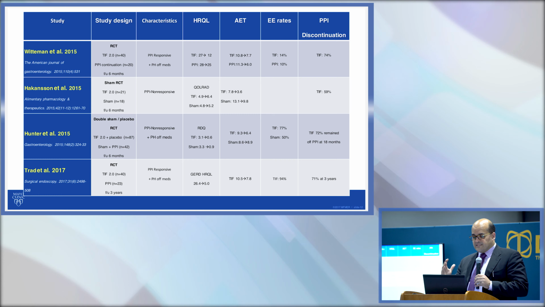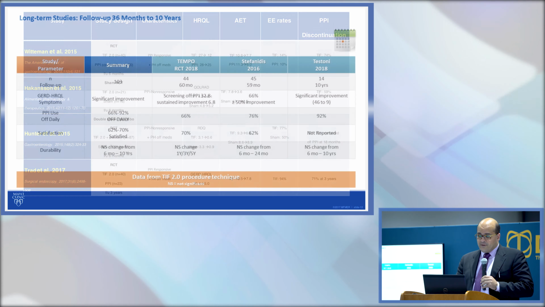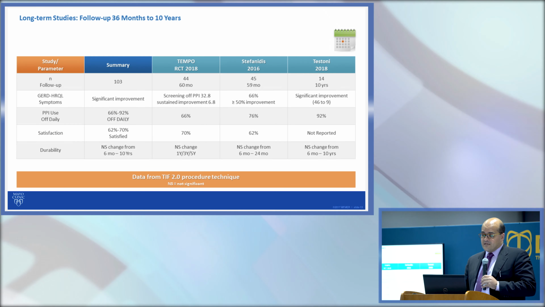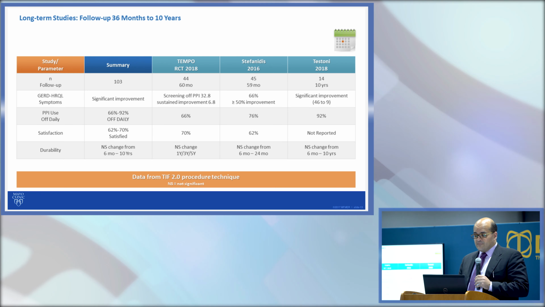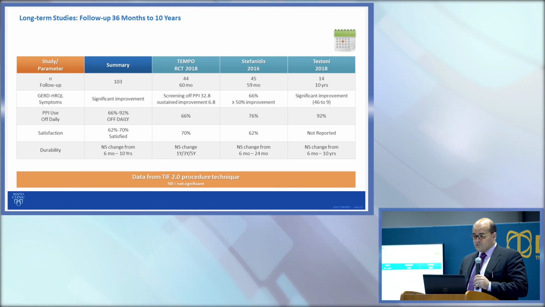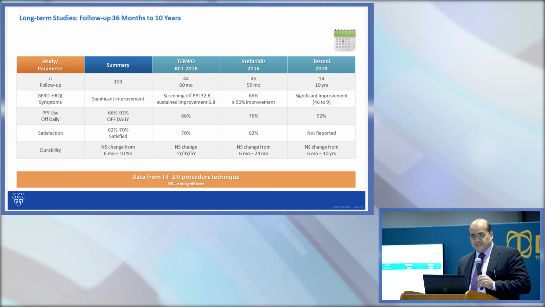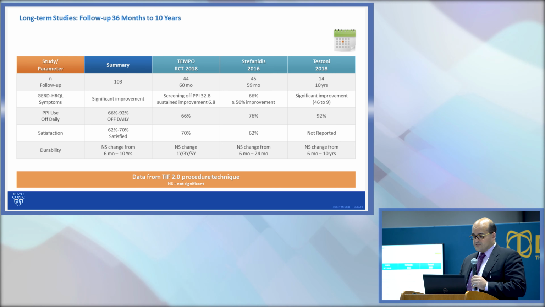These were all mostly 6 to 12 month data, but now we have 3 studies: the TEMPO extension study that looked at the outcomes after the TEMPO trial at 60 months. Then we have a trial that looked similarly in 45 patients at the outcomes also in 60 months. And we have a limited case series that looked at 10 years results.